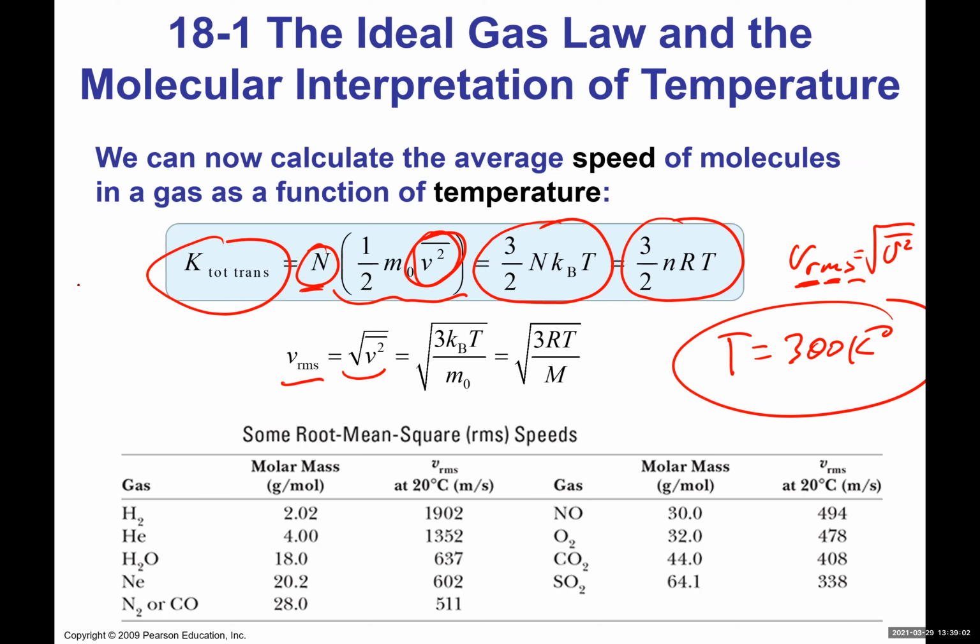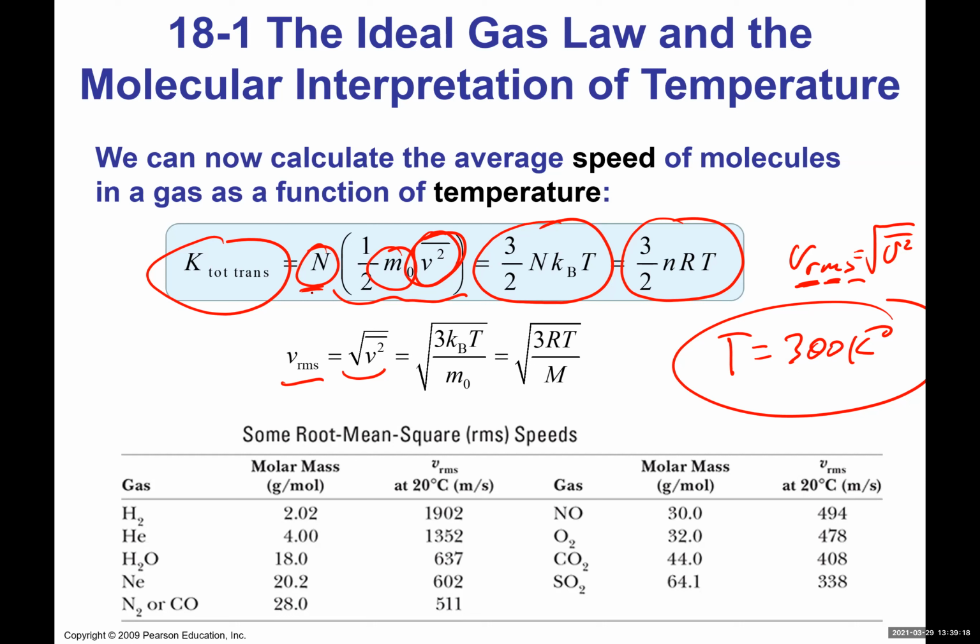But how fast they will be moving depends on the mass of that particle. Maybe it's a helium particle, maybe hydrogen, maybe oxygen. They all have different mass. They're all going to have the same kinetic energy, but different mass.